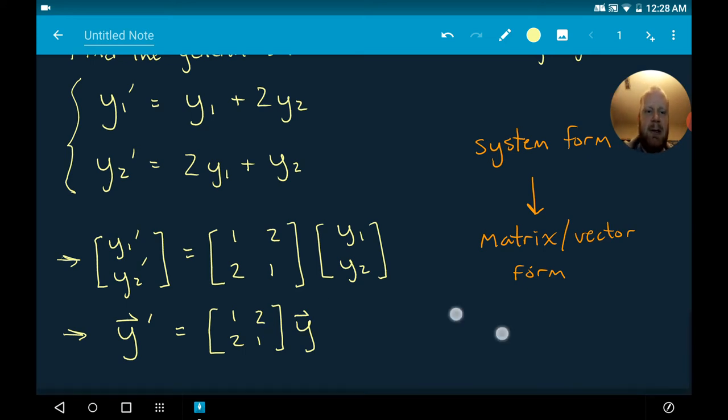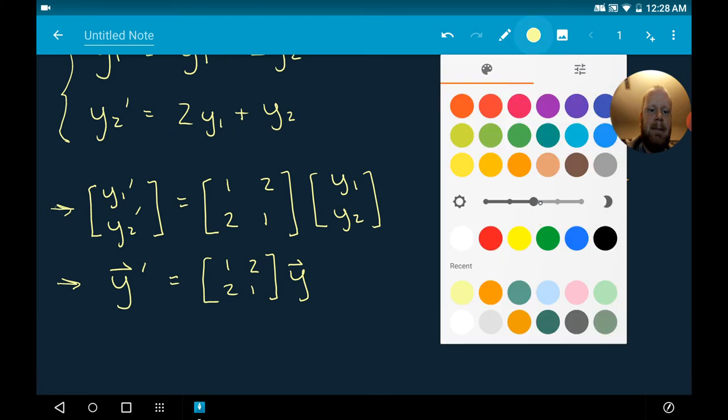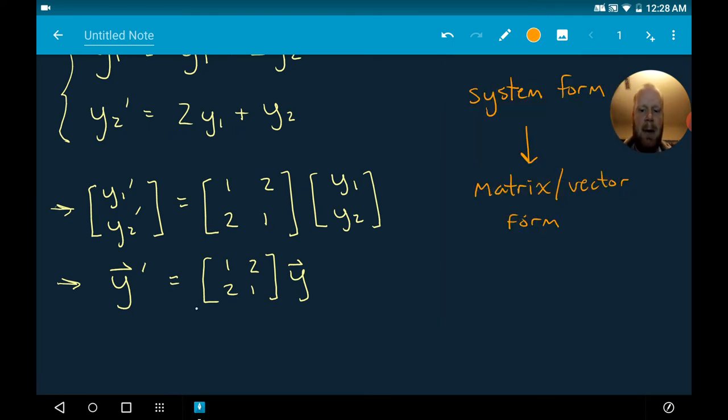And once you do this, sometimes your book calls this P, sometimes your book calls this A, and I think that mostly depends on whether or not there's functions in here or if there's just numbers, just constants in here. But this is our constant coefficient first order linear system of differential equations.